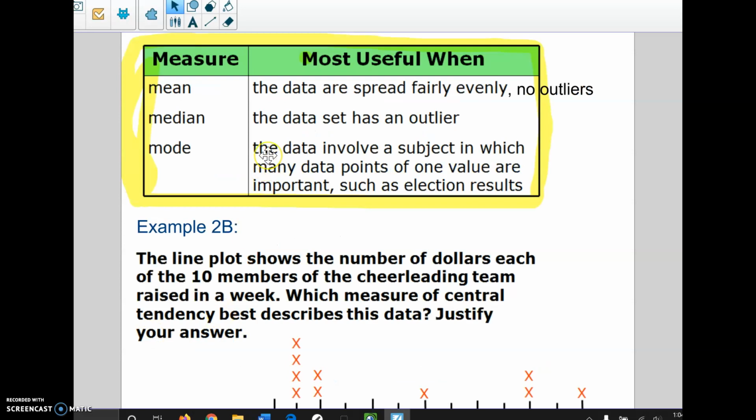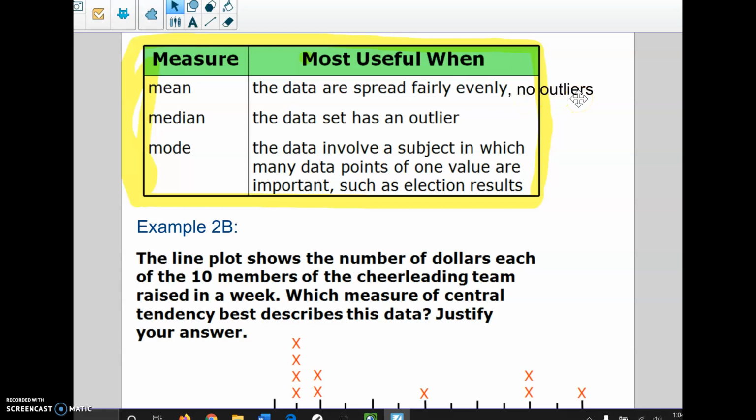Okay, next thing you need to know is when the mean, the median, or the mode is the best or the most useful measure to really describe how the data is spread. This is important. You'll need to write this down. The mean is most useful if the data is spread evenly and there are no outliers.